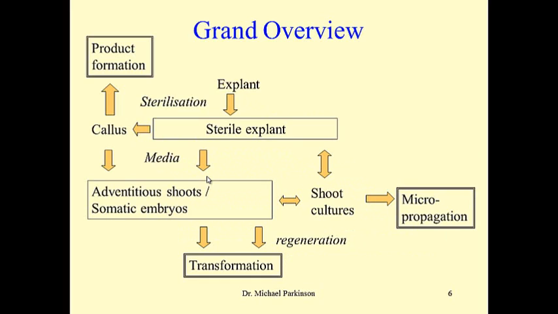So just to finish up this virtual lecture with a grand overview of plant cell culture, your normal starting point will be some kind of explant. And this explant will typically need to be sterilized to give you a sterile explant. And this sterile explant can be used in a number of different ways: for micropropagation, for plant nuclear transformation, or something I'm not going to discuss today, which is product formation.